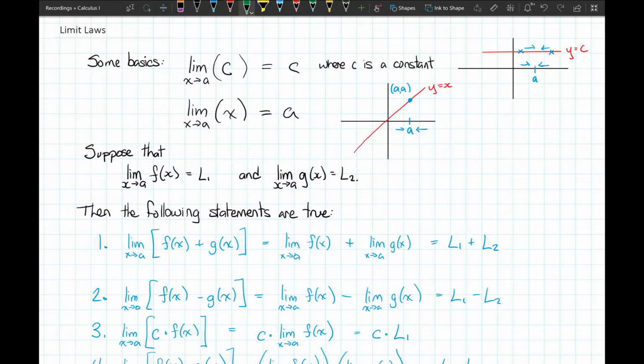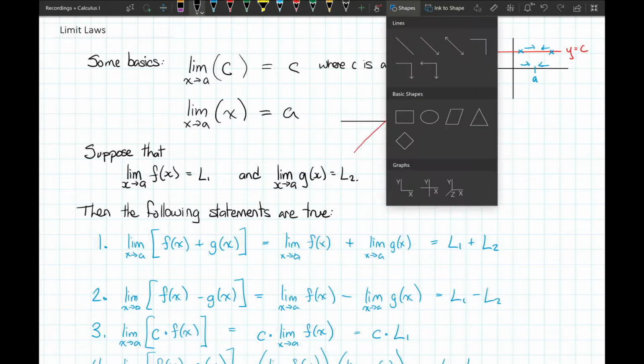Now if we start at a point slightly to the left or slightly to the right, and we start approaching a, we're going to see that our y value approaches a from the left and approaches a from the right. So it kind of makes sense that the limit of the function x as x approaches a is simply equal to a. And let's basically start there.